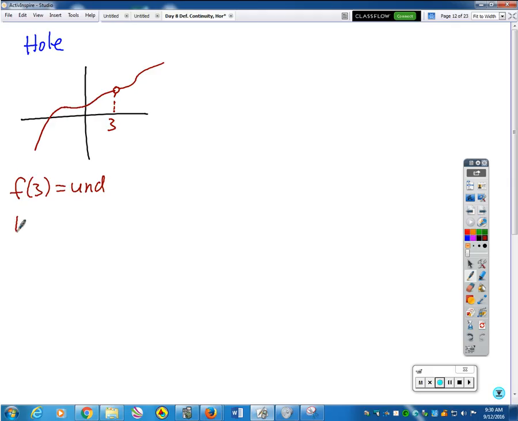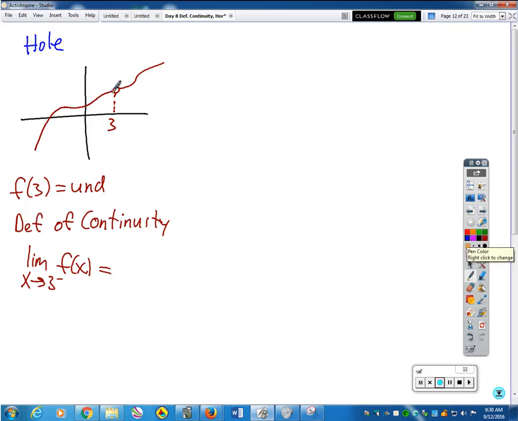So the definition of continuity requires that for the function to be continuous, you'd have to have the limit from the left, which in this example, there would be some limit from the left. We'll say that's pretty close to 2.